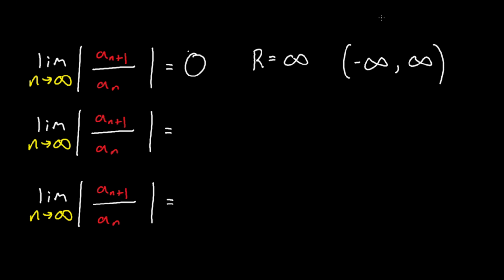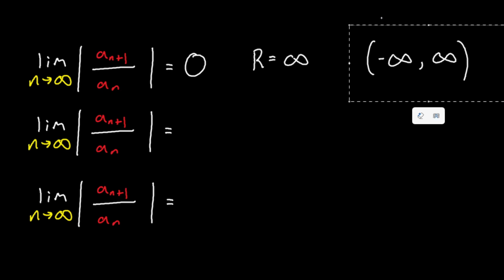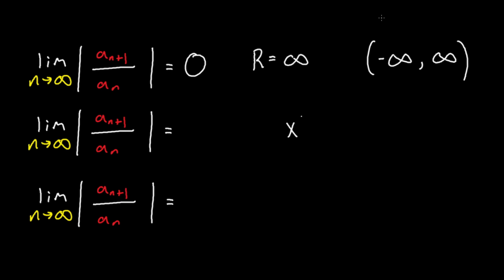If you get this, that means for any value of x, so this is your bounds for x, your series will converge. An example of this would be x to the power of n over n factorial. This is an example of a power series where any value of x will converge.